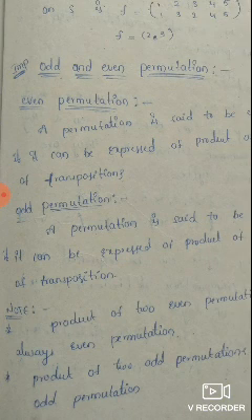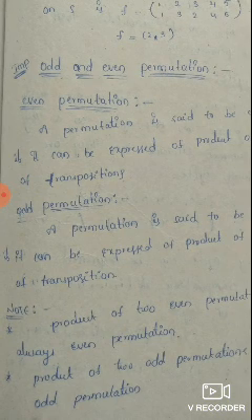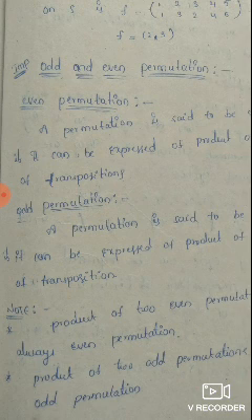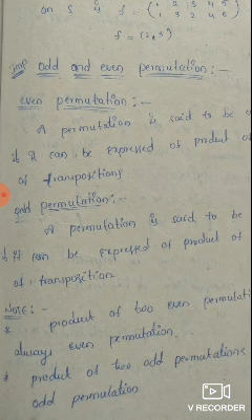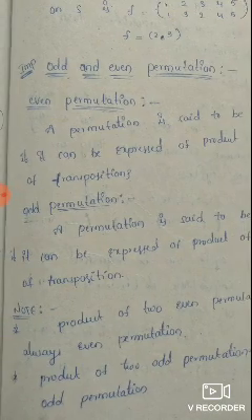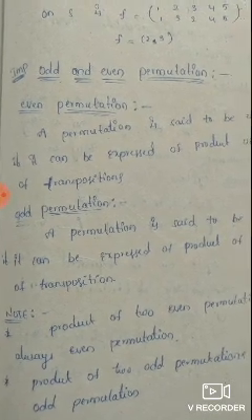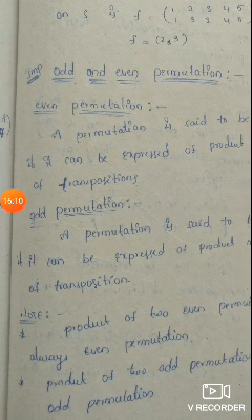So we got an odd number of transpositions, so the given permutation is an odd permutation. If you get an even number of transpositions, then that permutation is an even permutation. Like that, we can find out odd and even permutations.